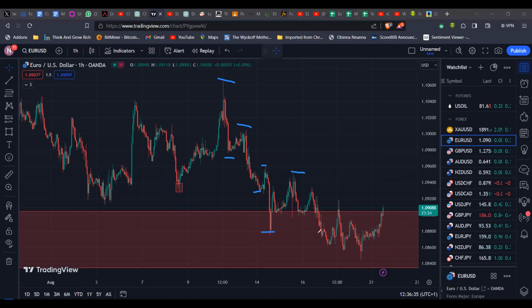And then this is where we broke down to a lower low, right? And then we broke, let me see, we broke here. So that'll probably be the lower low, right? And then a lower high, and a lower low, and then a higher high, and a lower low, and then a lower high. And this is still a higher low because the market did not necessarily close below it, and I was making a new higher high.